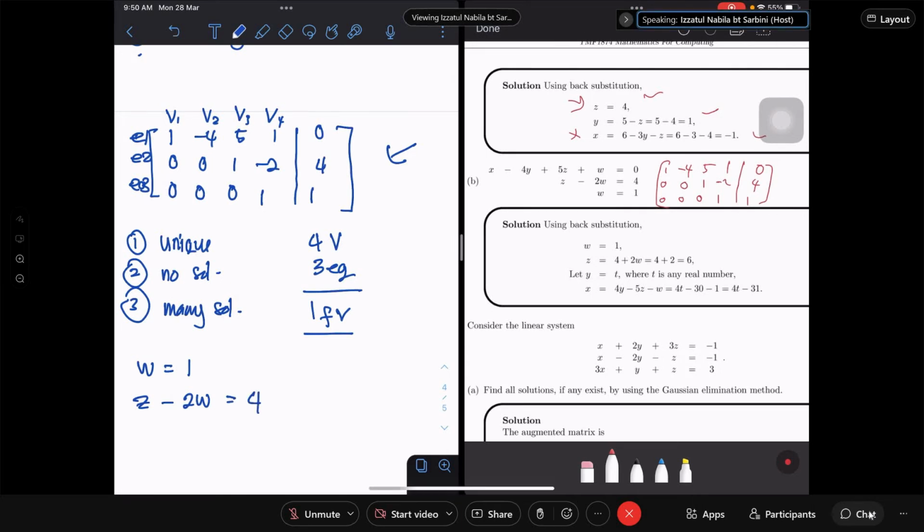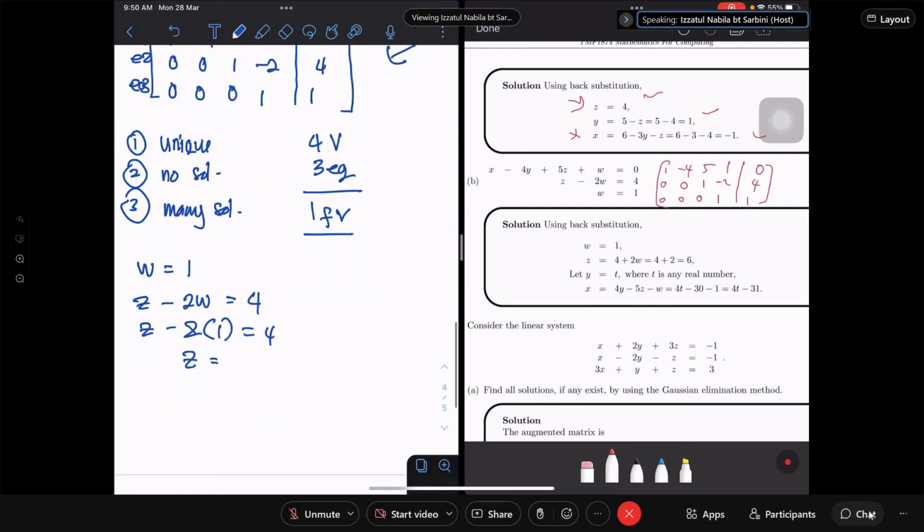So you know the value for W. So you just substitute: Z minus 2 times 1 equals 4. So your Z is equal to 4 plus 2, which equals 6. Okay, so you have W equals 1, Z equals 6.